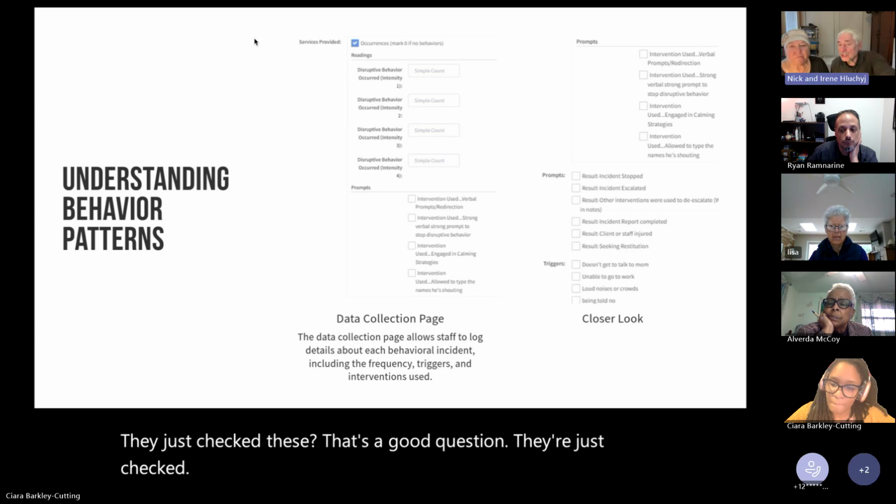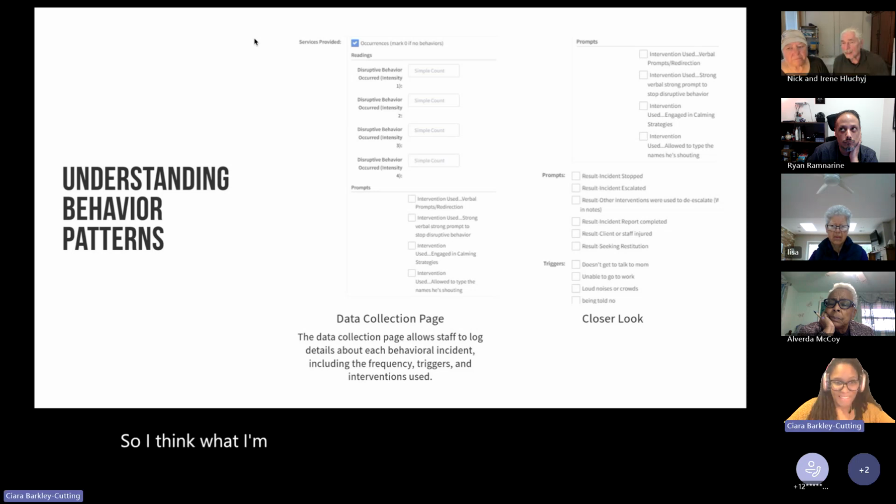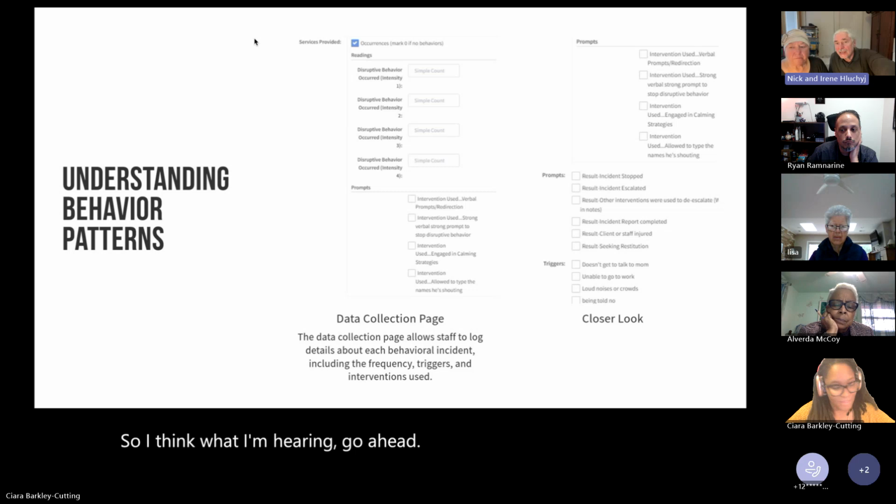But then if it's checked, say there are 20 incidents under results, so if you're doing the prompts, do you check each time one of those prompts or results occurred? So I think what I'm hearing, oh, go ahead. Well, I'm trying to get how you get from the number of incidents to the range of prompts that are here.